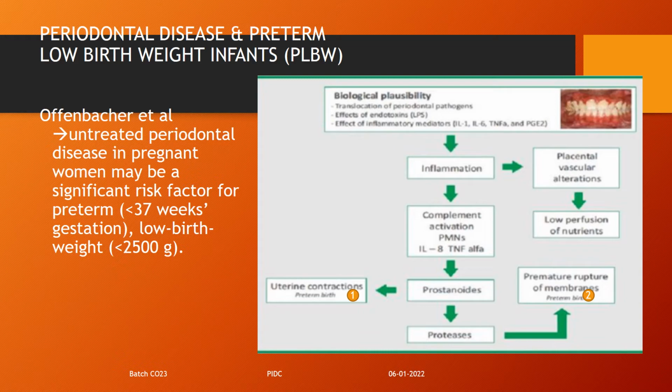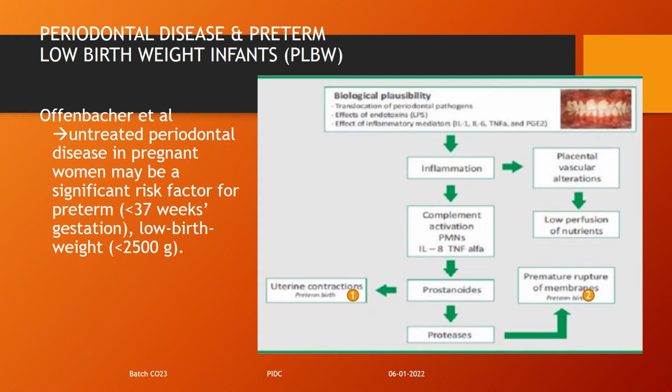The main reasons behind this are translocation of periodontal pathogens, effects of endotoxins, or the effect of inflammatory mediators. So then there will be inflammation. This inflammation leads to placental vascular alterations or low perfusion of nutrients, which can be one of the reasons.